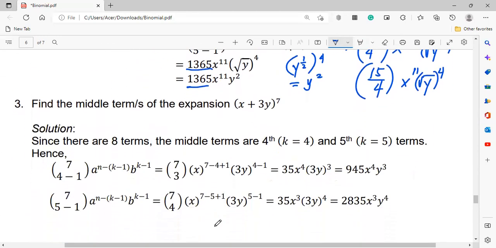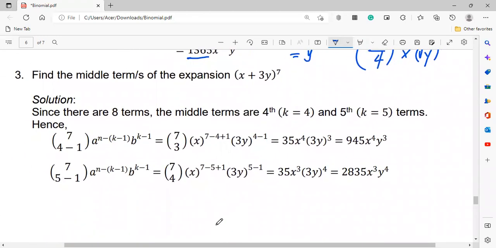Okay. Number 3, find the middle terms of the expansion (x plus 3y) raised to 7. There are two middle terms, because that is odd. So remember that the number of terms is the exponent plus 1. 7 plus 1 is 8. So we're looking for the terms, okay, the fourth and the fifth.